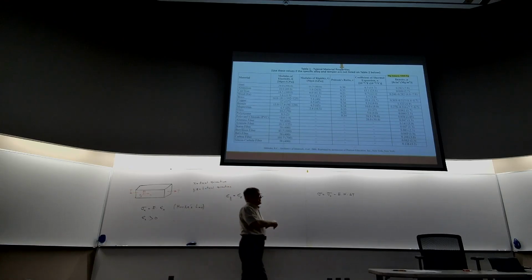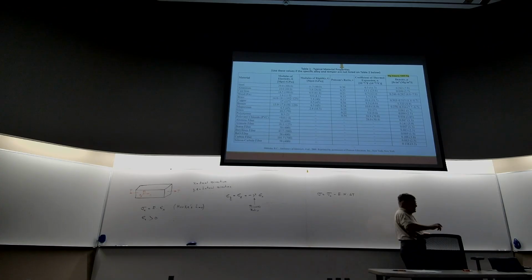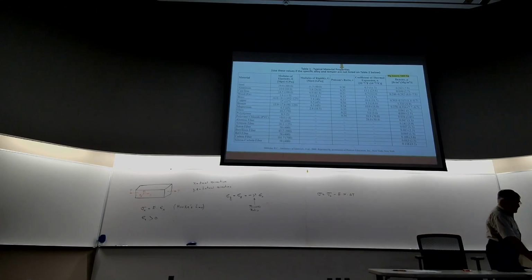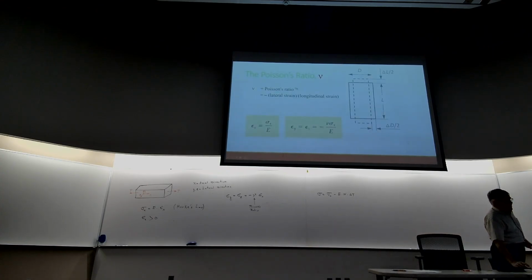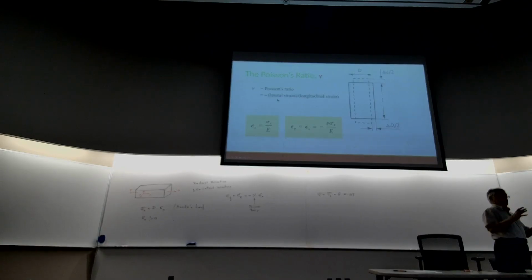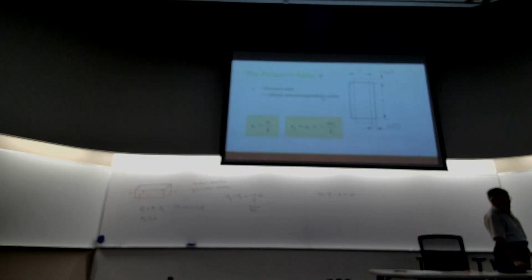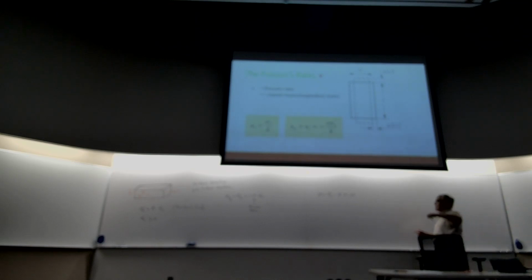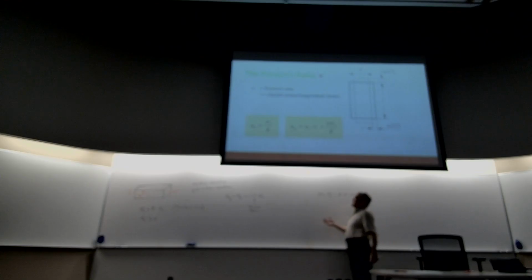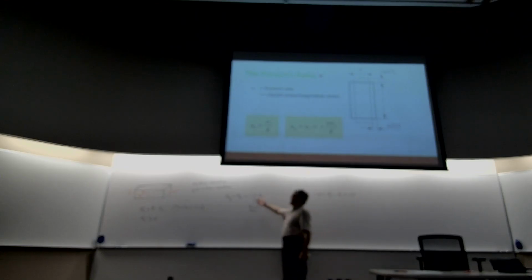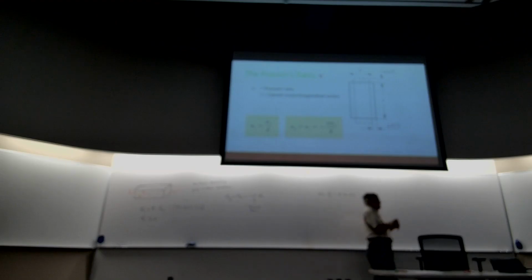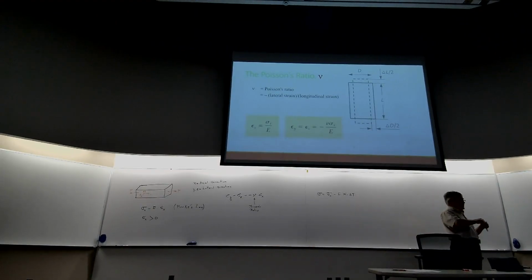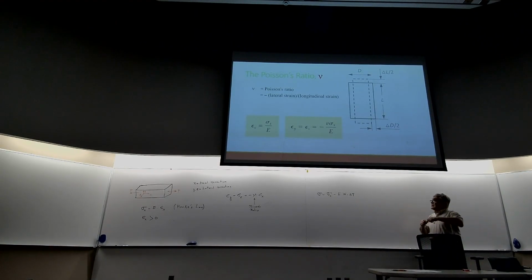So when you look at this slide here, Poisson ratio is minus lateral strain in the cross section divided by axial or longitudinal strain. And again, this is 0.30 for steel, which is the material we use in most of our examples.